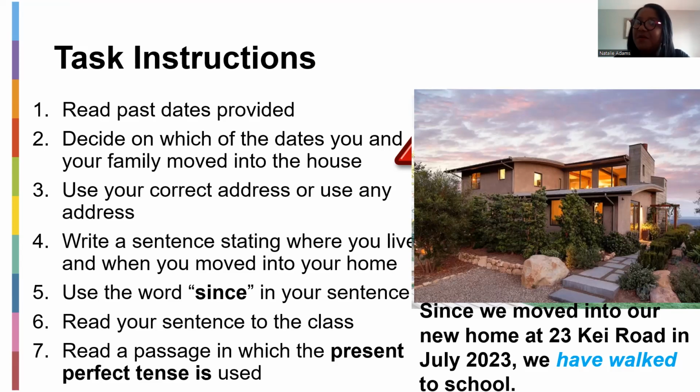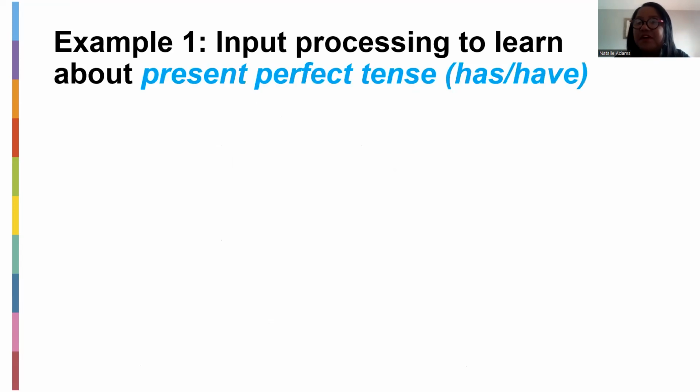Remember, "we have" is plural. So with "we," a plural subject, the verb will always be "have." And then "walked." If it's singular, it would be "she has walked." So this is an interesting way of teaching it.